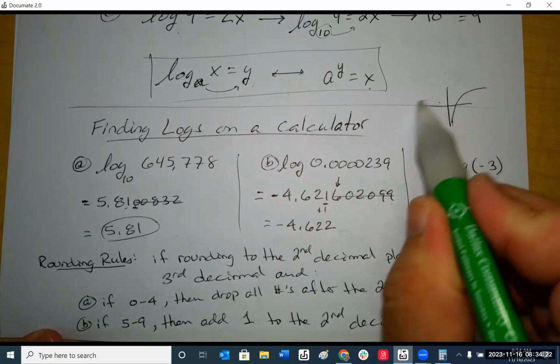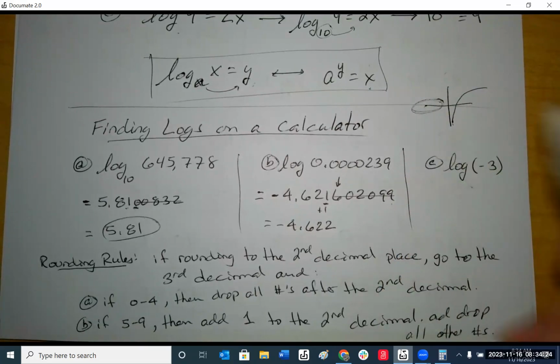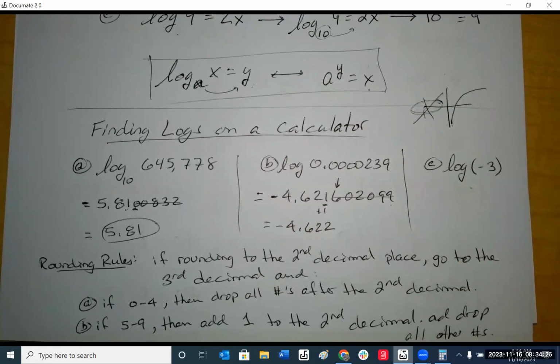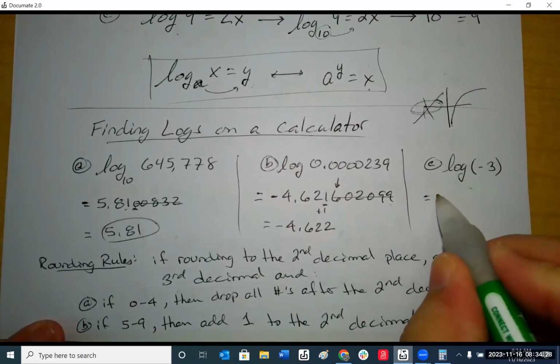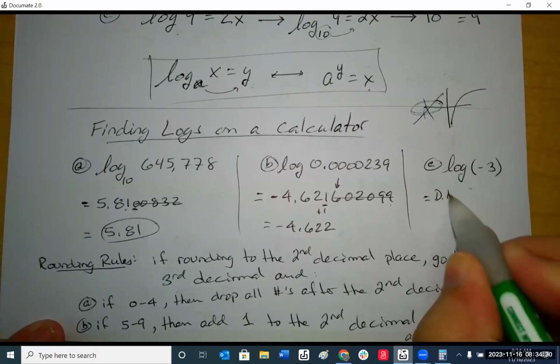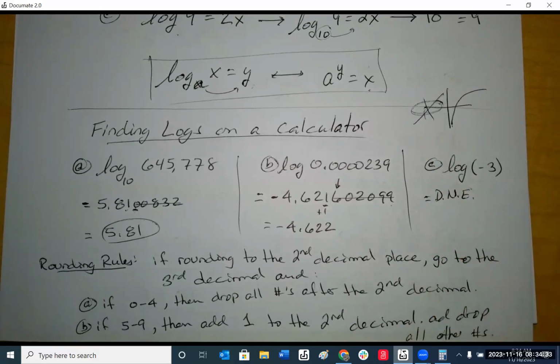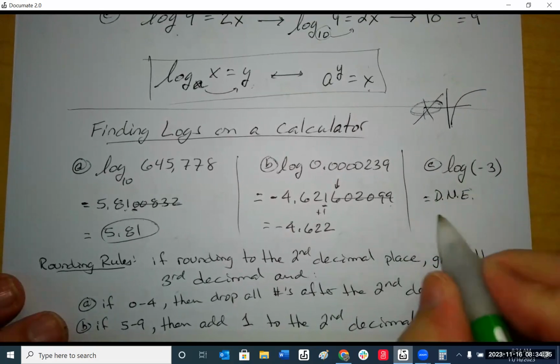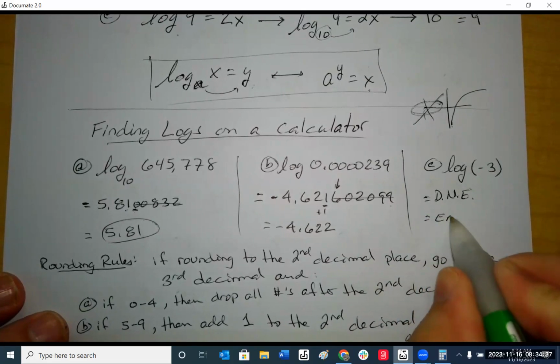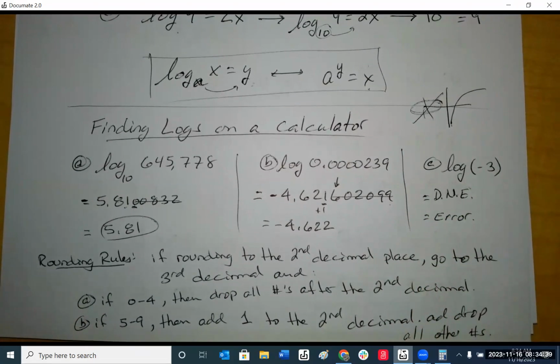Can you use a negative x? No. So this one does not exist, or your calculator will simply say error. To a calculator, this is the same thing as saying divide by 0. Not going to happen.